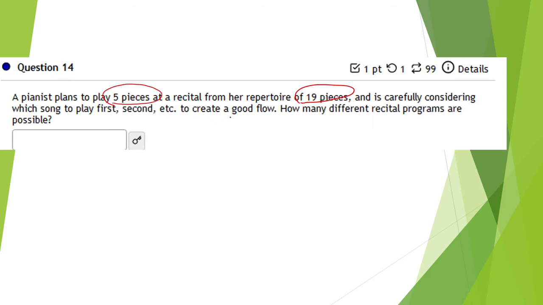Now for these types of questions, you have to think, does the order count or does the order not count? Well, the person's going to play a particular song first, then another song second, then another song third, and so on. So order counts. If the order counts, this must be a permutation.